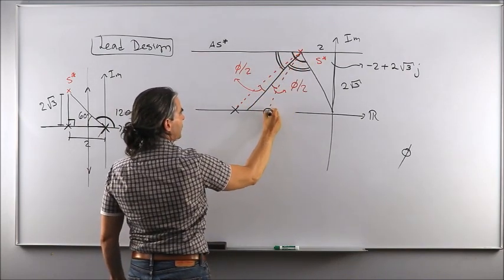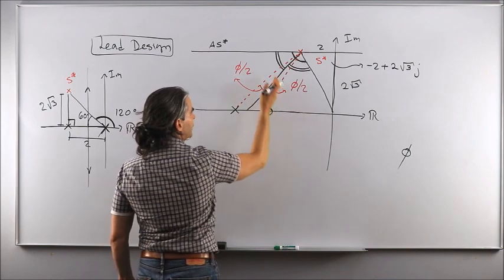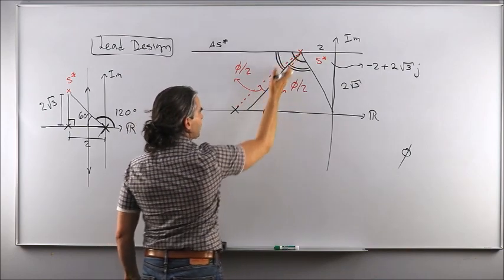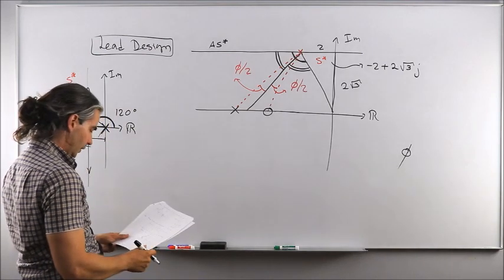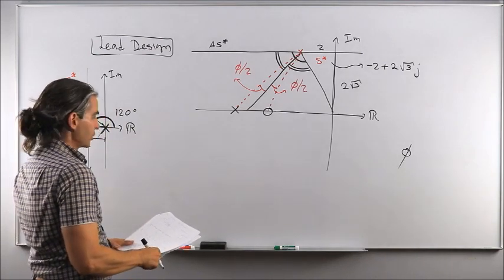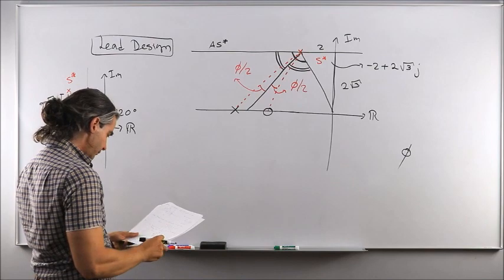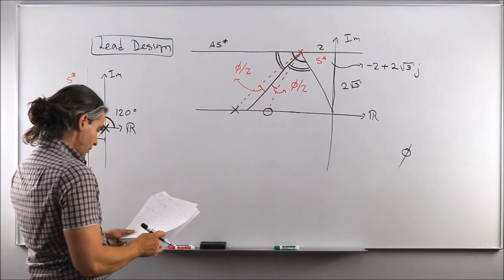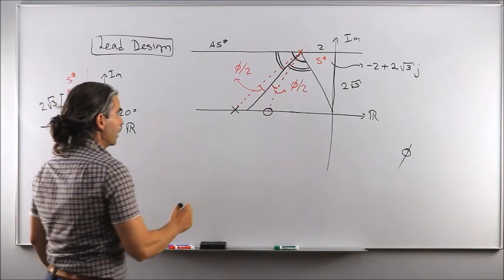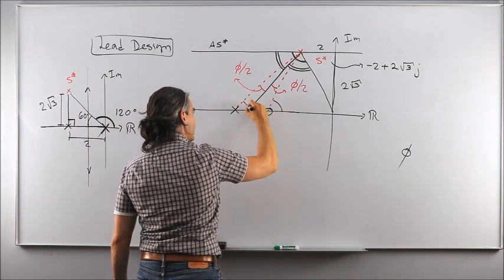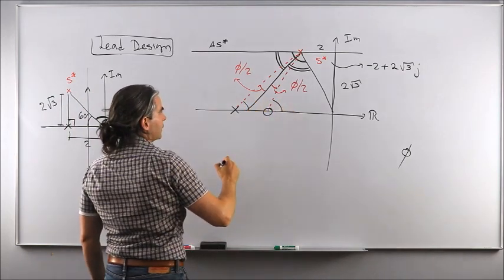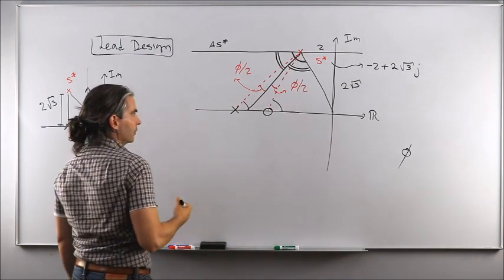And the zero will be the intersection of the rightmost line coming down onto the real axis. Okay? So that altogether, the contribution of this angle and that angle shall be 30 degrees ultimately.